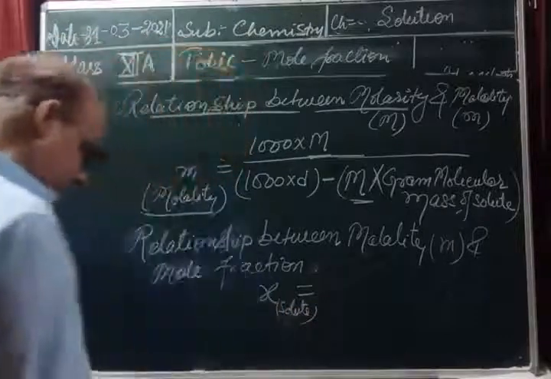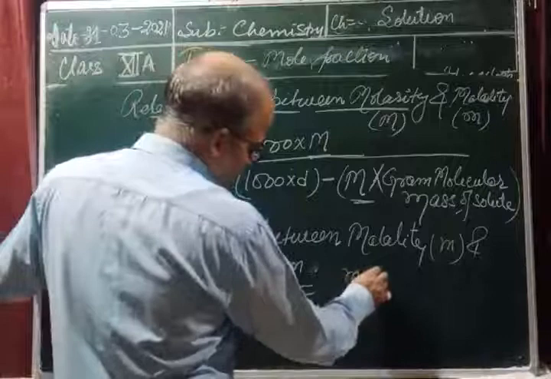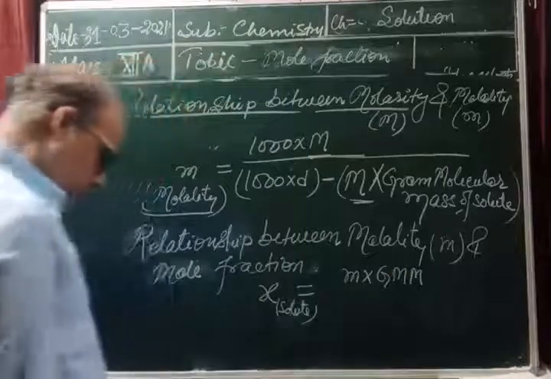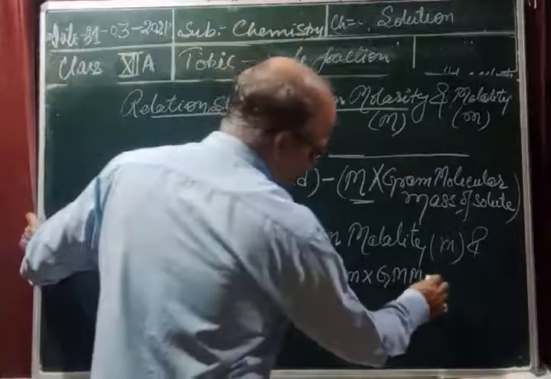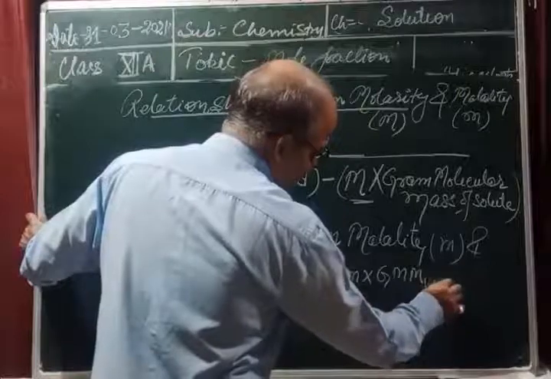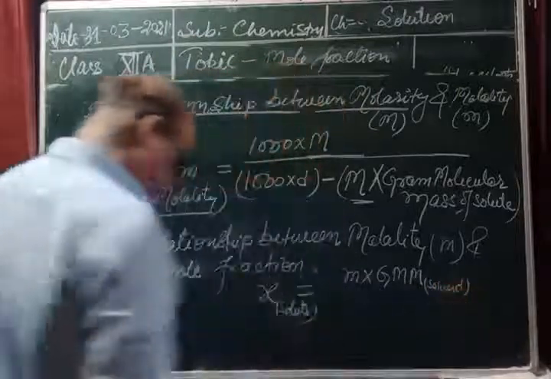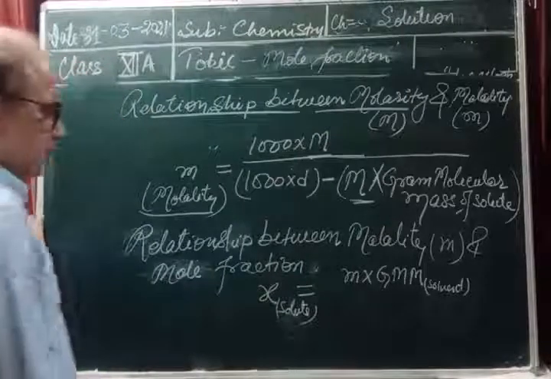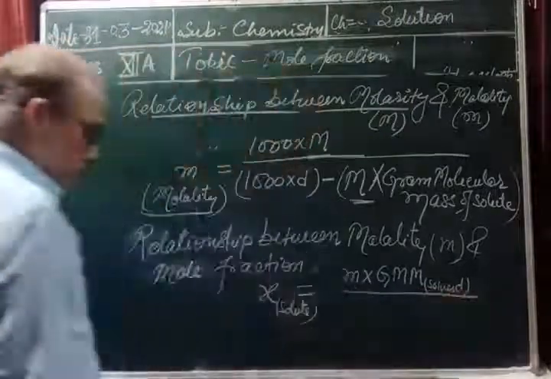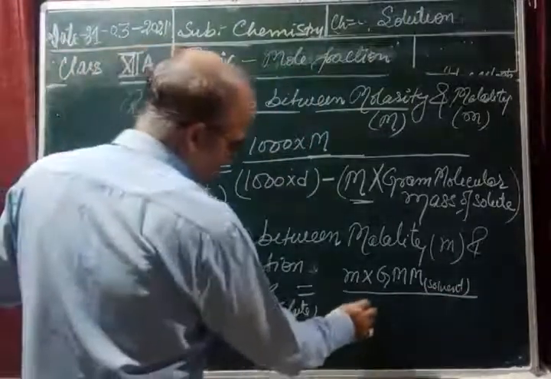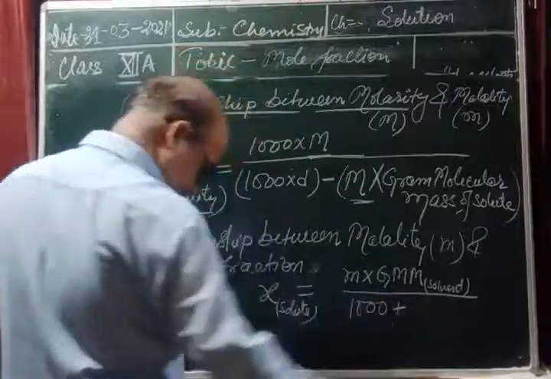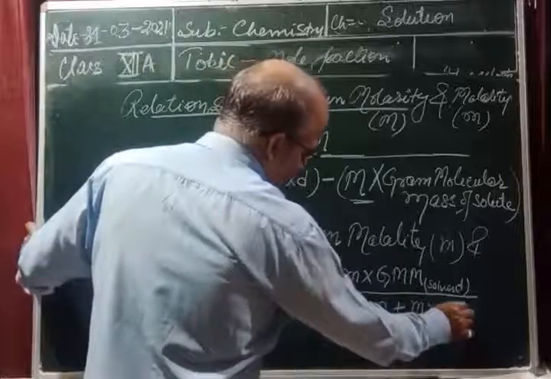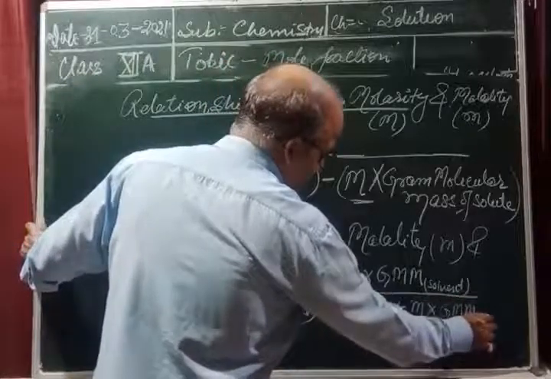Then the formula is molality into gram molecular mass of solvent upon 1000 plus molality into gram molecular mass of solvent.